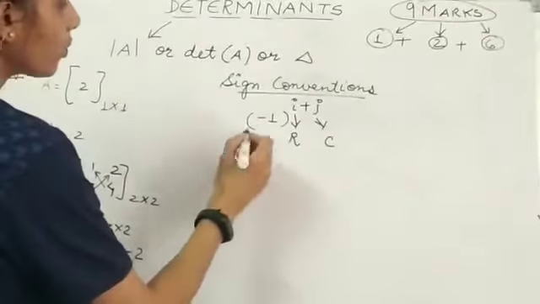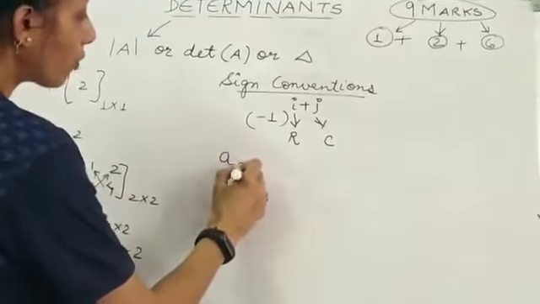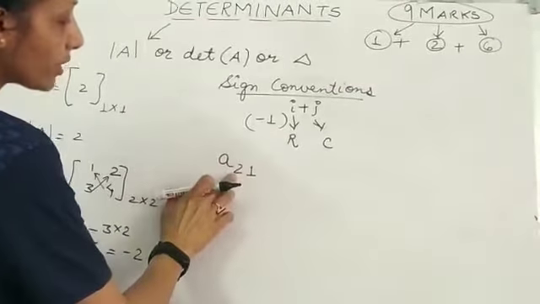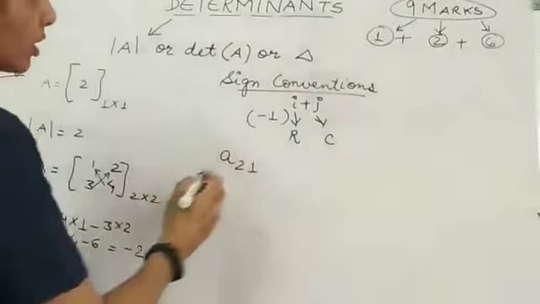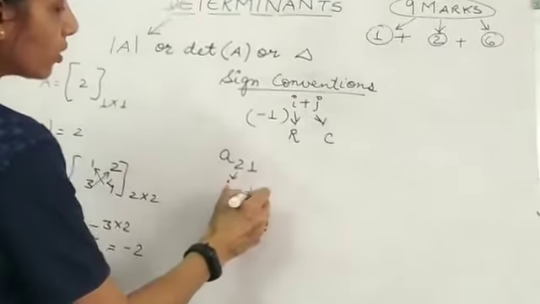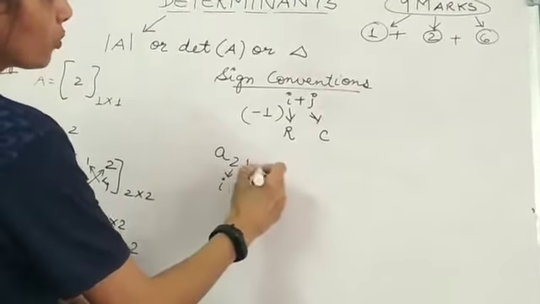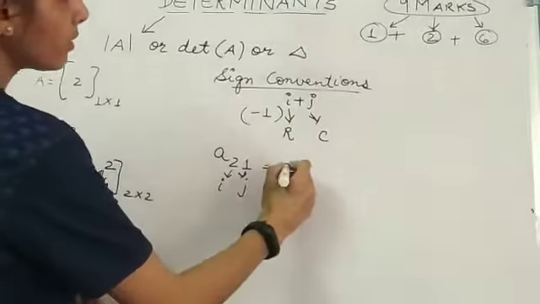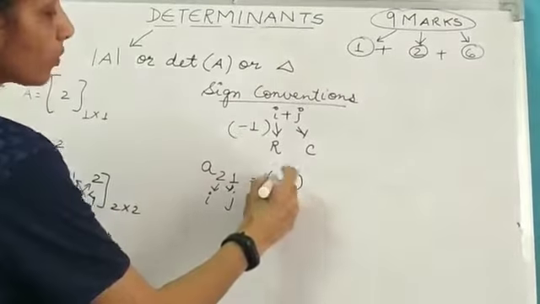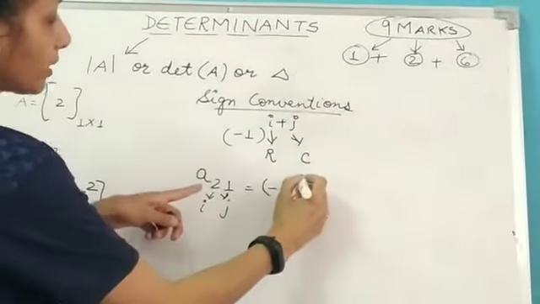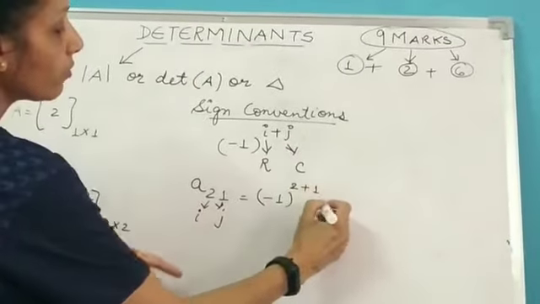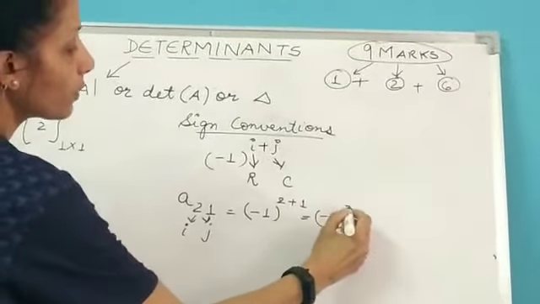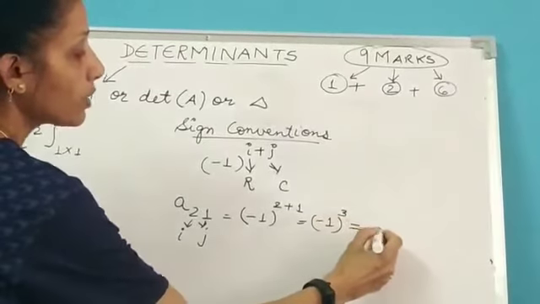Say if I want to calculate the sign for the element of second row and first column. So here this is your i and this is your j. I can find this sign by writing minus 1 raised to power 2 plus 1, which gives minus 1 raised to power 3. That means minus 1.